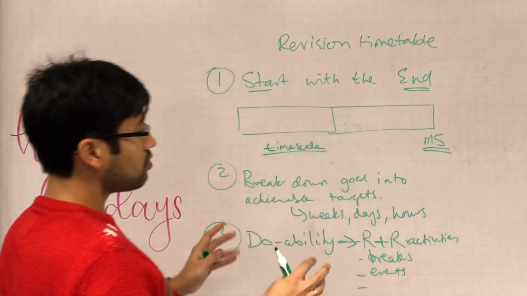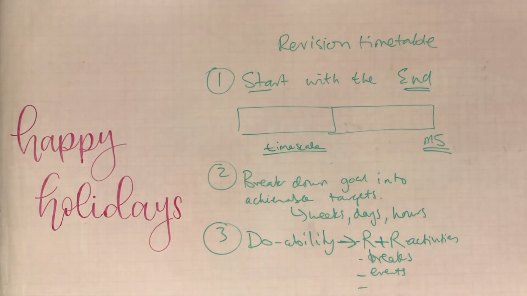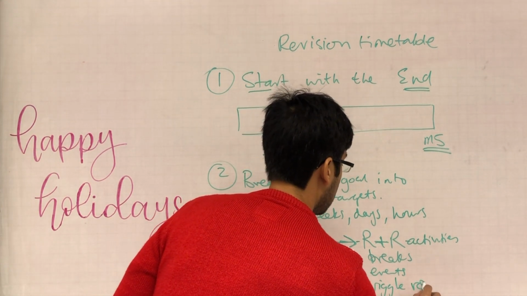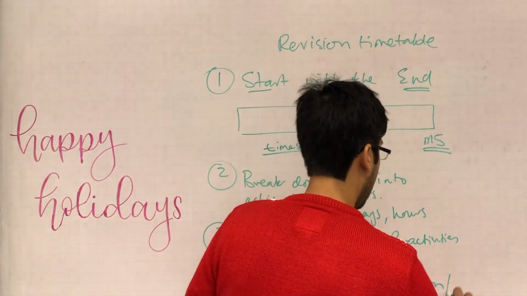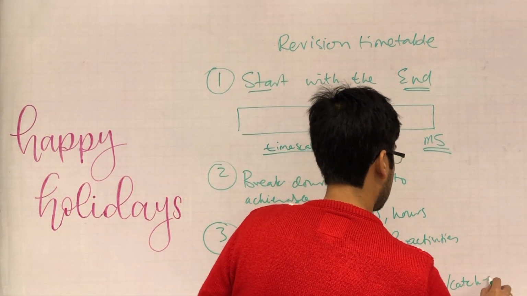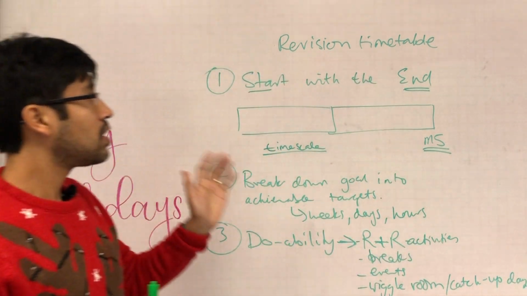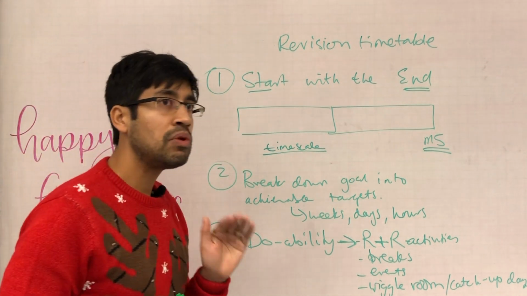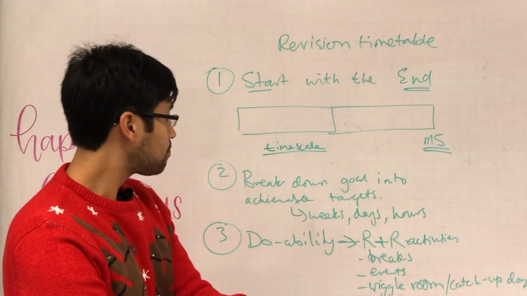Two things which are related. Am I still on the page? Two things which are related is wiggle room. Wiggle room and, you know, catch up days. I mean, when you make a timetable such as this, the only thing that's going to be 100% certain is that it's not going to work out according to your plan.